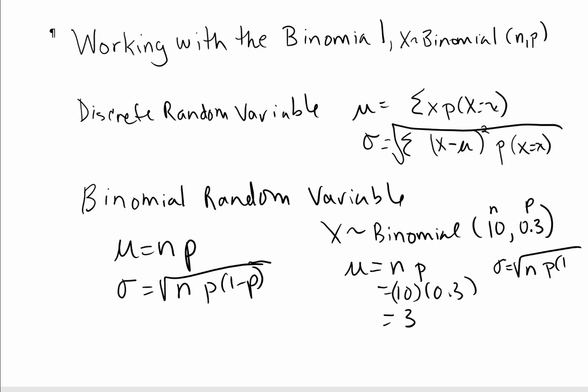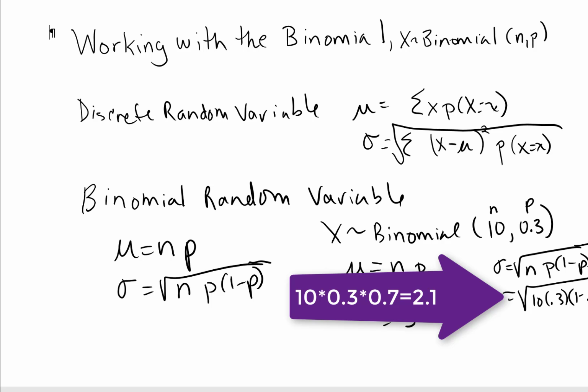And the standard deviation: n times p times 1 minus p. Filling in my n's and my p's, that would be 10 times 0.3 times 1 minus 0.3, which is 0.7. I would multiply these three together, 10 times 0.3 times 0.7, and take the square root of that product.